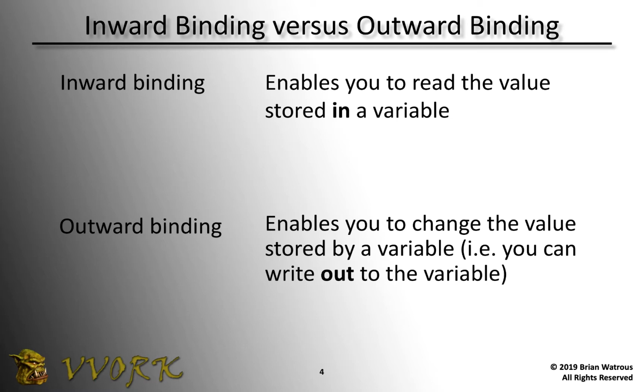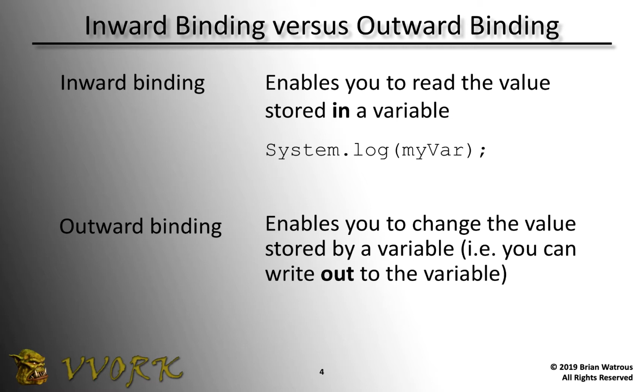With an inward binding, that's going to enable us to read the value that's stored in a variable, which means we'll be able to execute code like this. So for instance, system.log(myvar). In order for us to be able to execute that code, Orchestrator needs to be able to read what's inside the variable called myvar. And in order to be able to do that, we're going to need an inward binding.